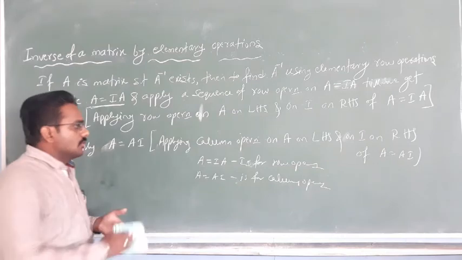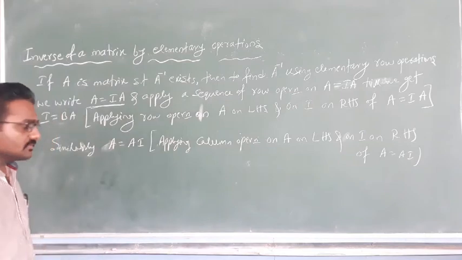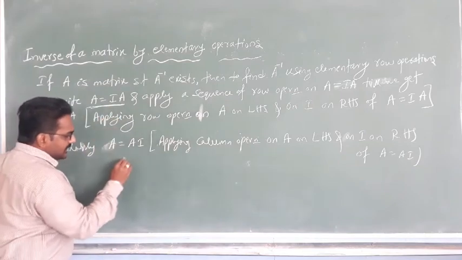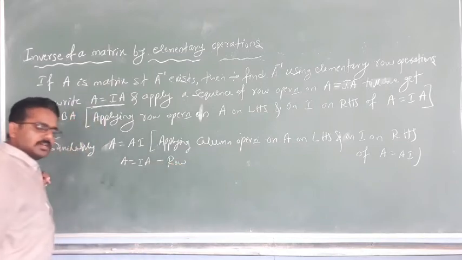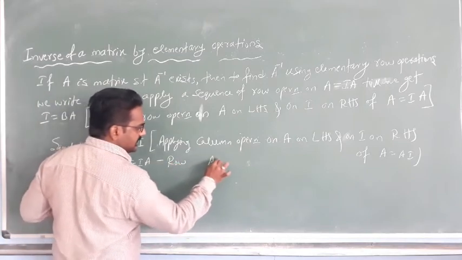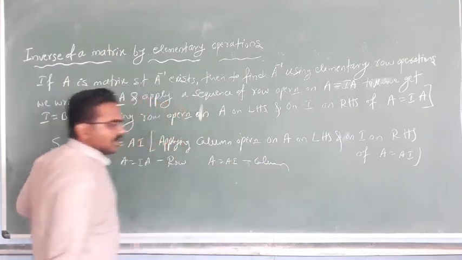So while performing the operations, if I write A equals IA, I will apply row operations. If I write A equals AI, I have to apply column operations.